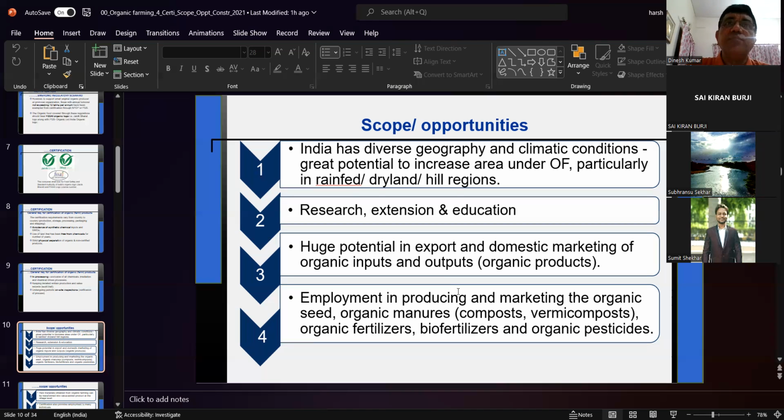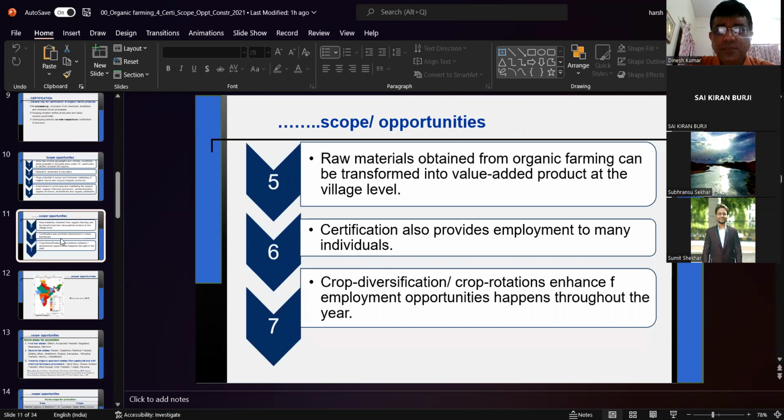A variety of inputs are there where rural people can get employment. Similarly, you get output, that is your product. They can be converted to value-added organic products. A lot of people can be involved in marketing, selling, and processing of the value-added products. So a lot of opportunities are there for employment in organic farming.